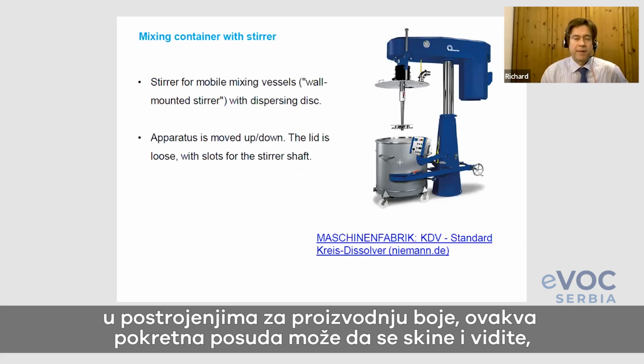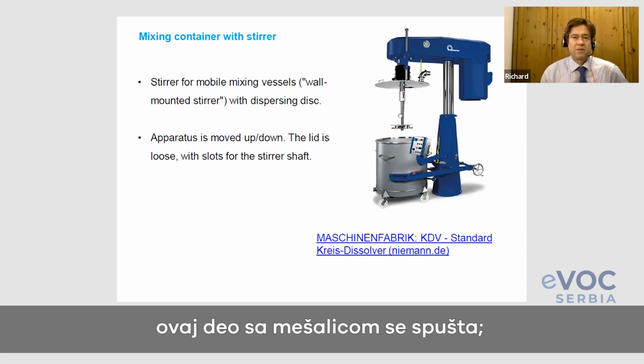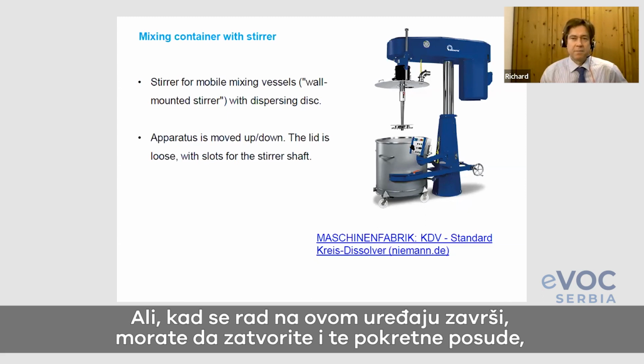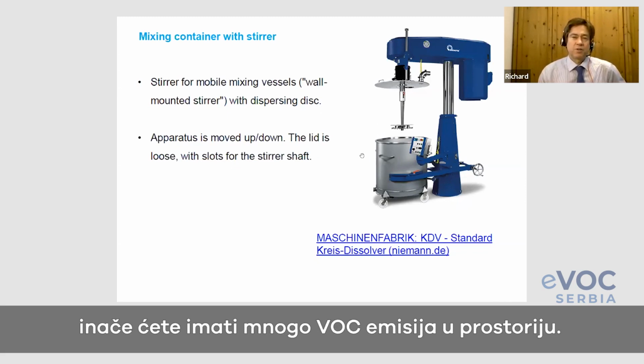So in a paint manufacturing company, these mobile containers can be taken off, and then you see that mixer lowering down, so you are very flexible in your work. But after the work has been done here, you have to close up these mobile vessels too, otherwise you will have a lot of VOC emissions to the room.